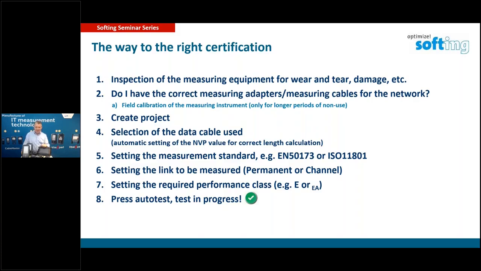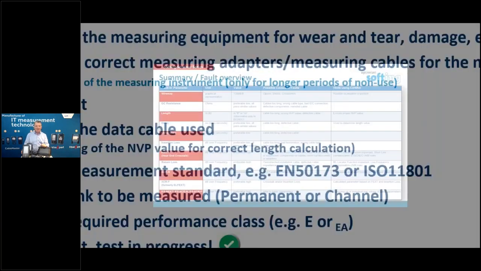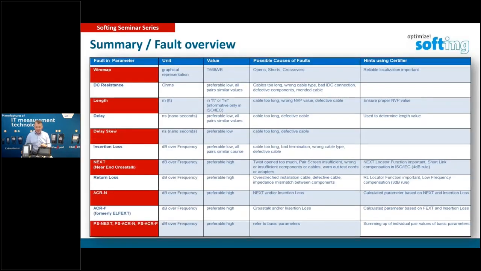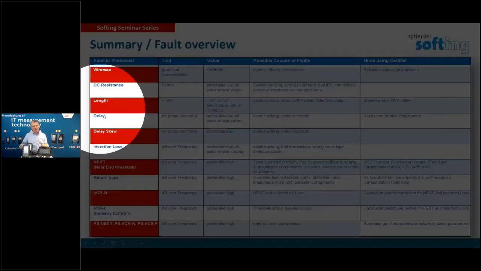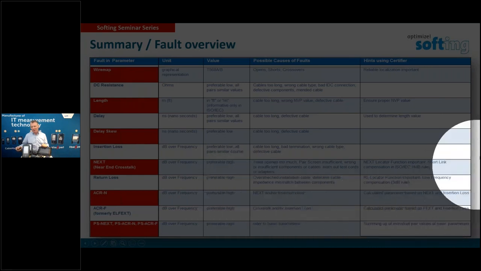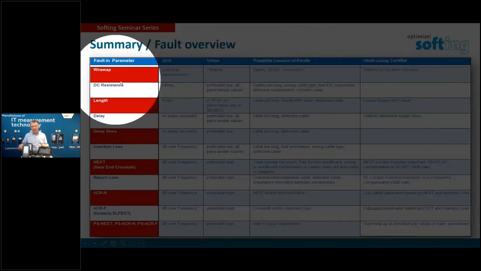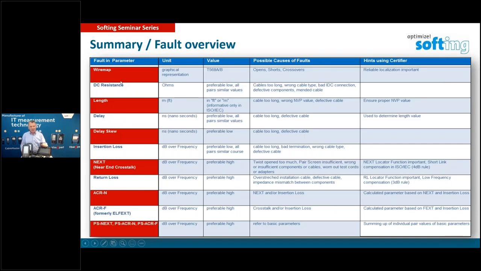If you get a red X on it, that means there is a fault in your cabling infrastructure, and faults could be various in this case. You could have some near-end crosstalk or attenuation problems, and this should give you a small overview of what could happen if you are not getting the brilliant green sign that the auto test is done and everything is okay with your cabling installation.